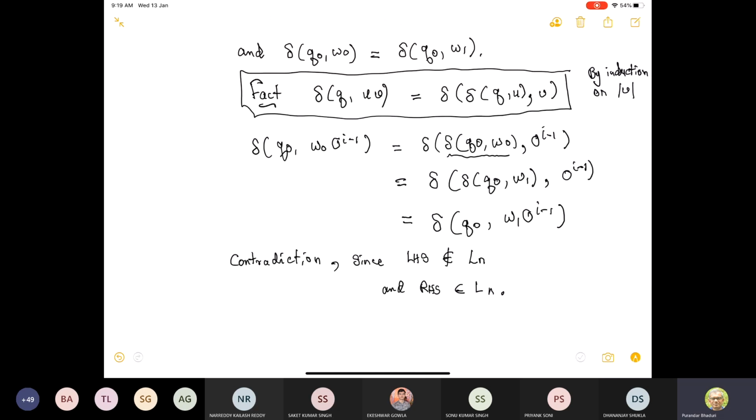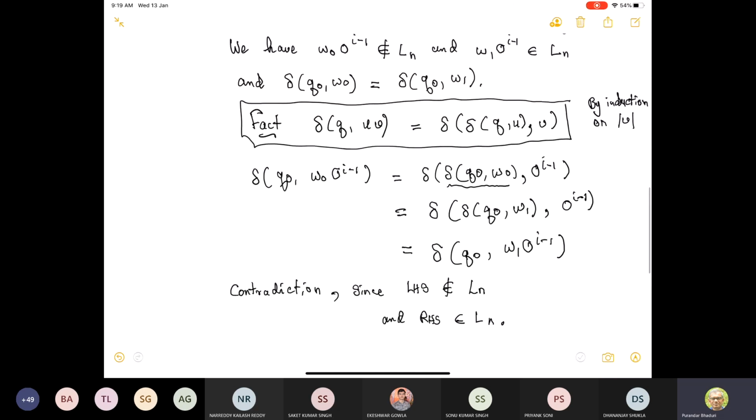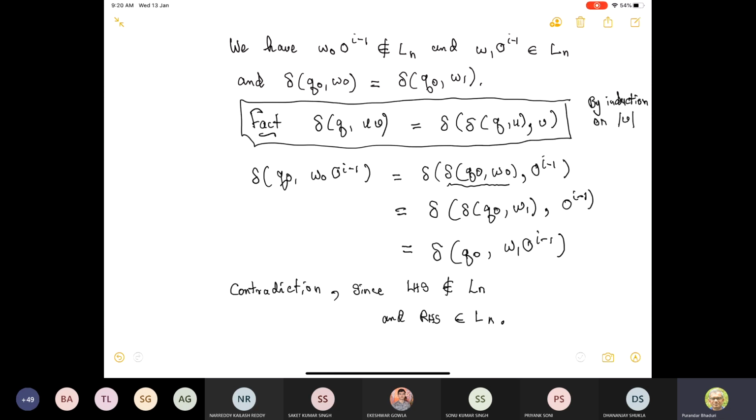And the same state cannot both belong to F and not belong to F, where F is the set of final states. Okay, so that's the end of the proof.